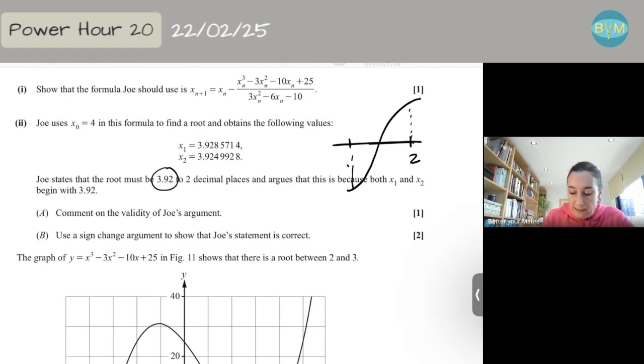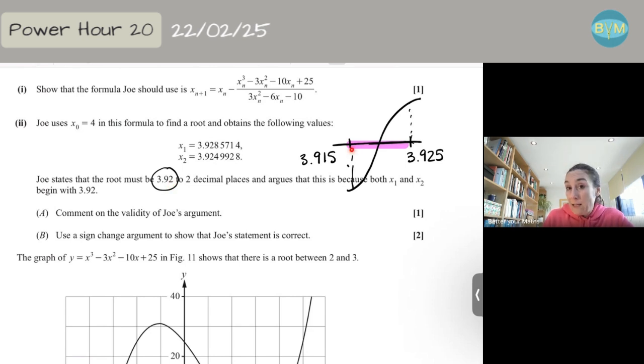That interval that is going to round to 3.92 to 2 decimal places is 3.915 and 3.925. All the numbers in between, if I round to 2 decimal places, are going to round to 3.92. Yes? All of you.